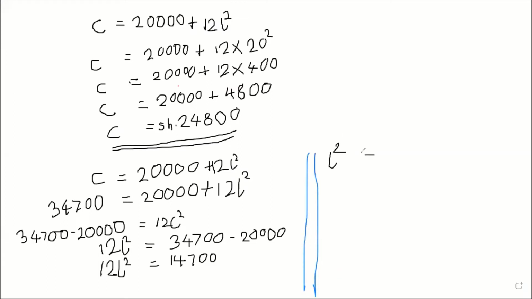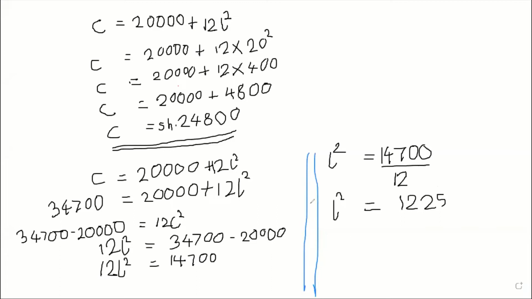L squared is equal to 14,700 divided by 12, which is 1,225.